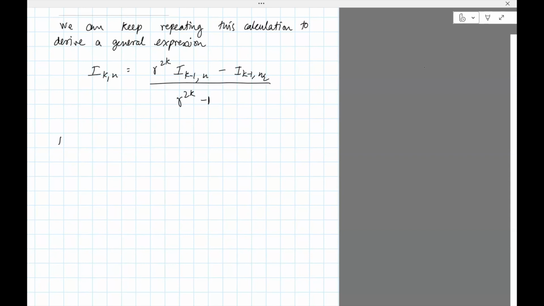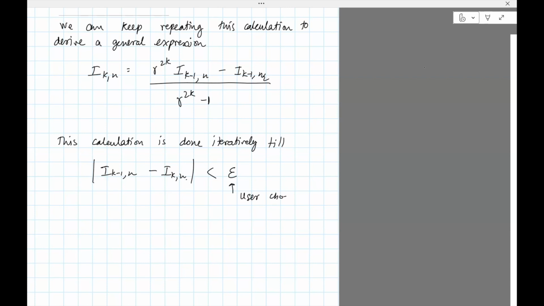Okay, so this calculation is done iteratively till we have something like this: I computed at iteration k minus 1, minus I computed at iteration k, the absolute value is less than some user chosen tolerance.